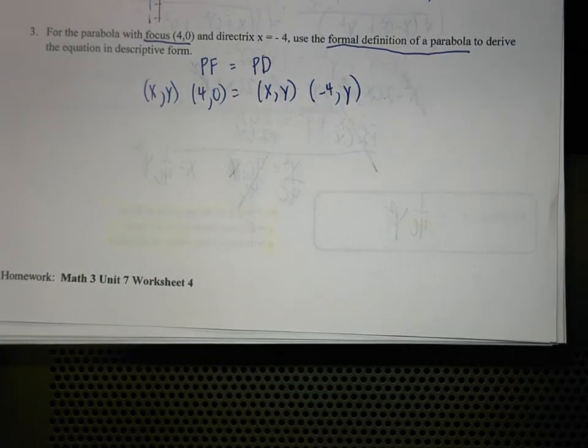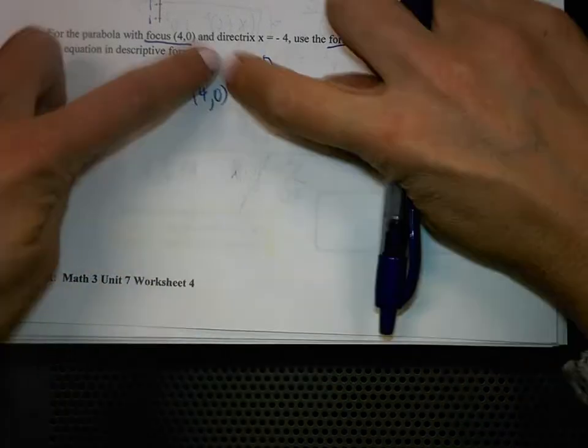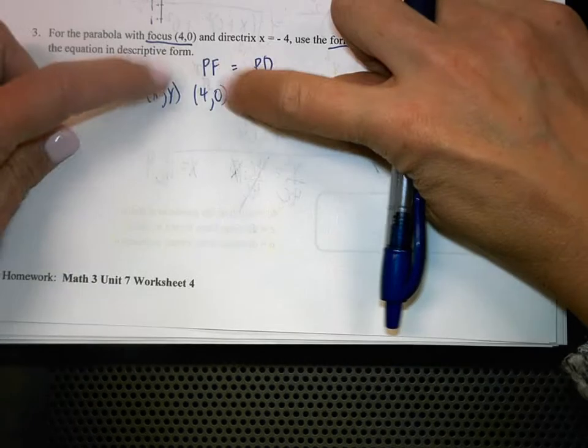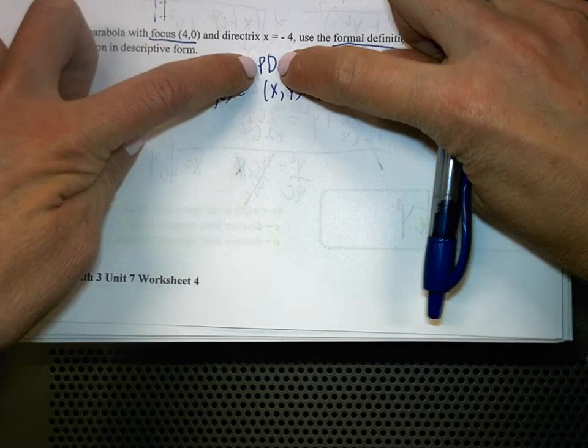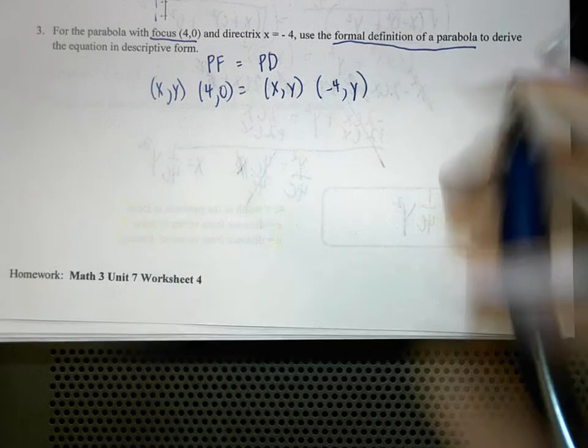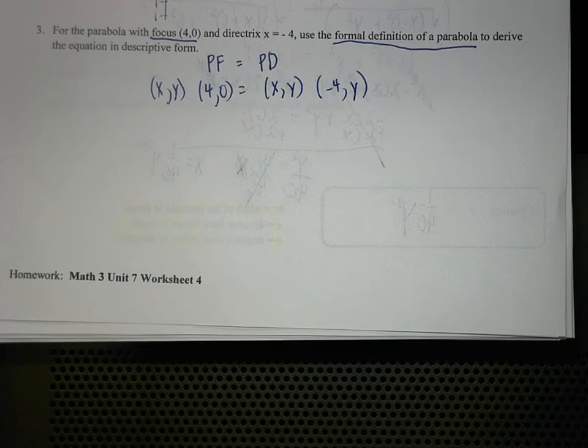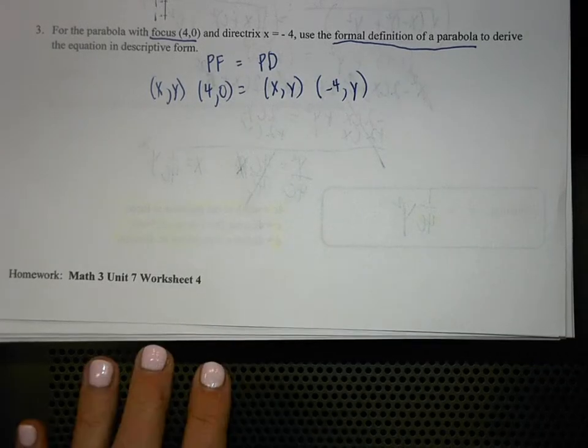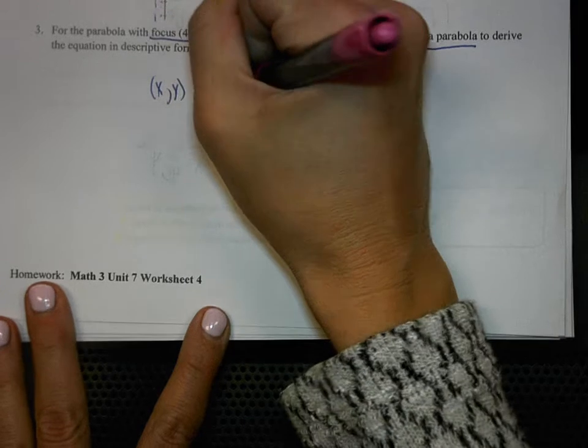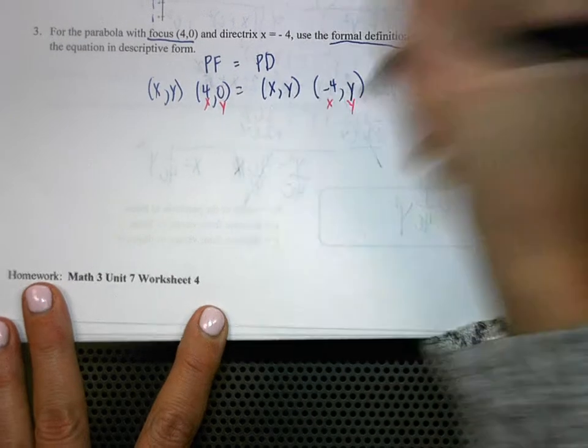Now, if we say the distance from the point to the focus is equal to the distance from the point to the directrix, how do I find the distance? The distance formula. And what is our distance formula?